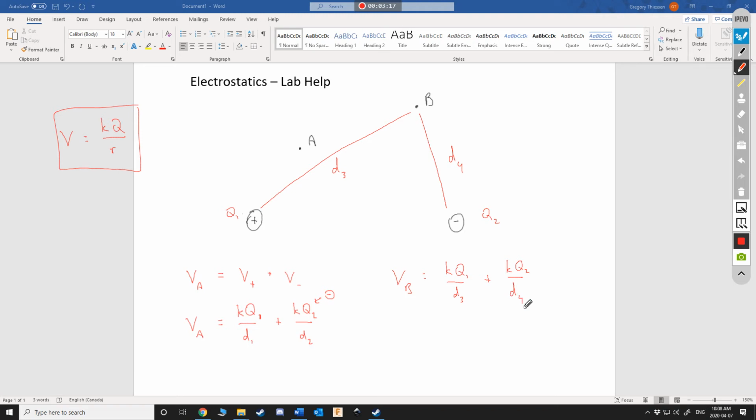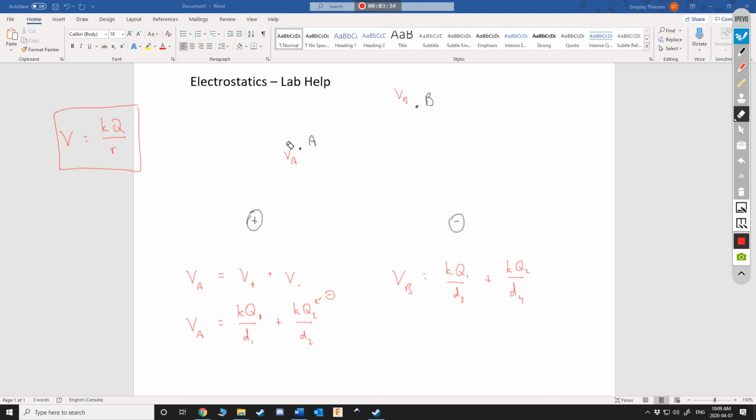Now we have some VA value over here, and we have some VB value. Now we have to picture an electron. We don't actually need to worry about the charges anymore.